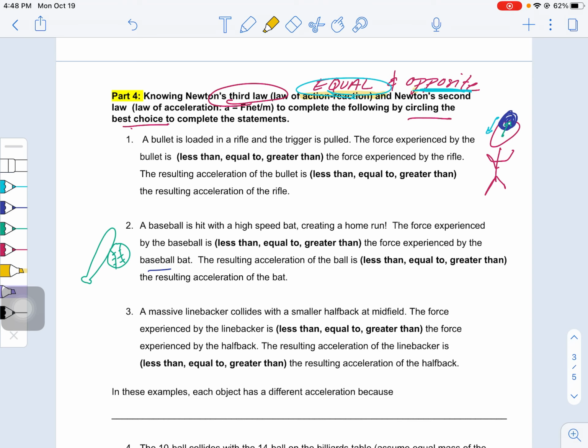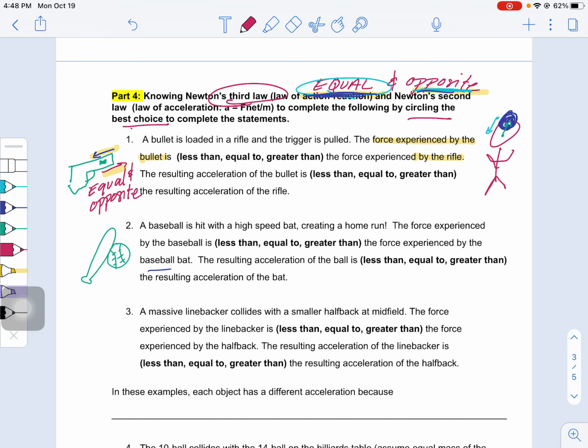Equal and opposite. So we have a bullet loaded into a rifle when the trigger gets pulled. I am not very good at drawing, but I'm going to go for it. I know that's not really a rifle either, but you get it. So we've got the gun putting a force on the bullet, and the bullet at the same time putting an equal and opposite force on the gun. When I'm thinking about the force experienced by the bullet compared to the rifle, looking at these arrows reminds me that the forces are equal and opposite.